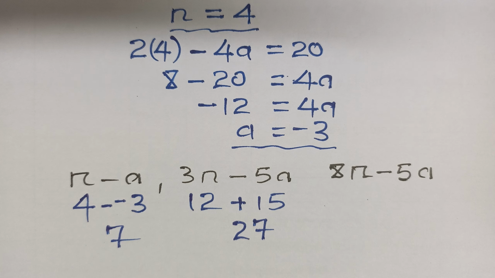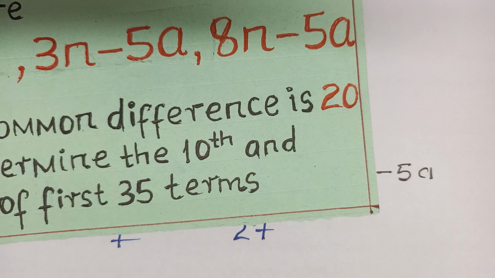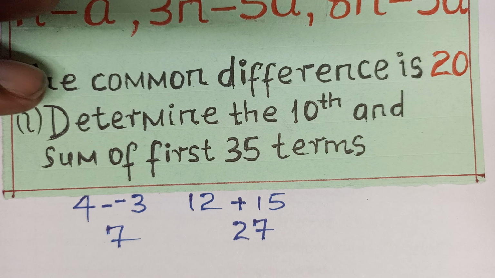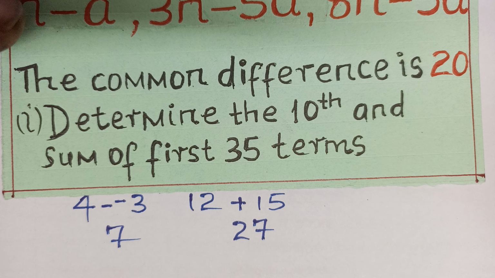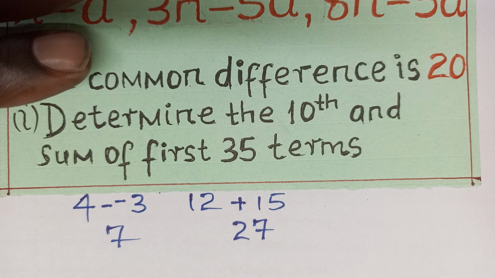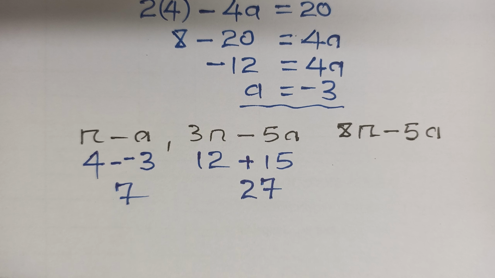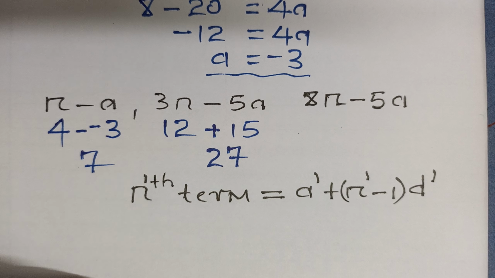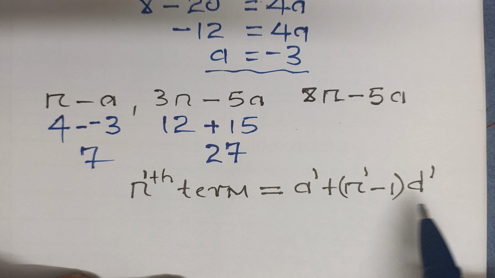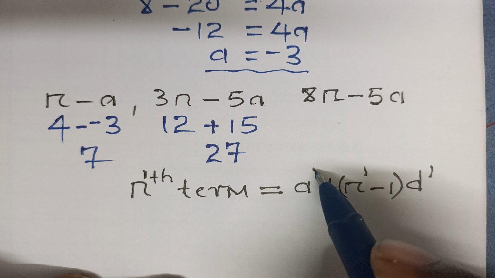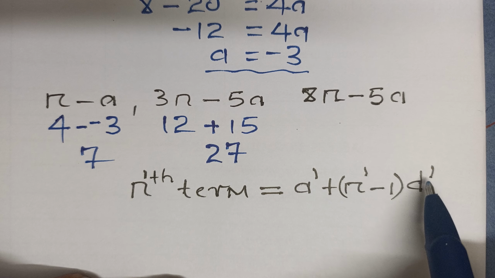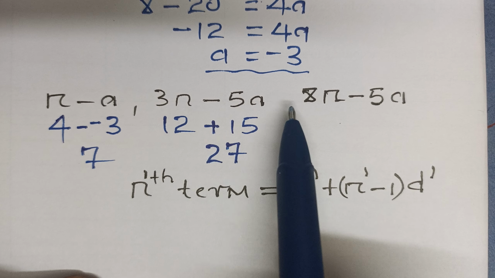The question asked is to determine the 10th term and the sum of the first 35 terms. So we go direct to that. Here is our equation. I have changed this equation to have a prime so that we don't confuse it with this n and this a.